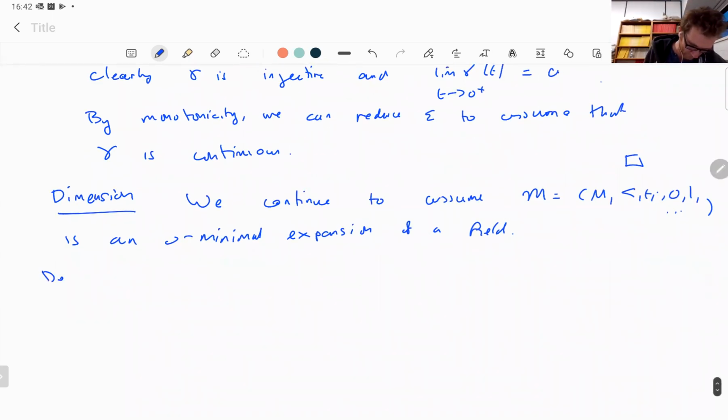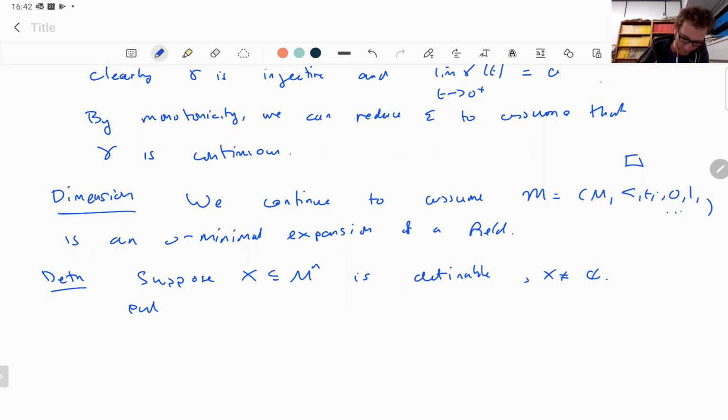And then the definition of dimension, well, I take an X. So suppose X is a subset of M to the n, it's definable and non-empty.